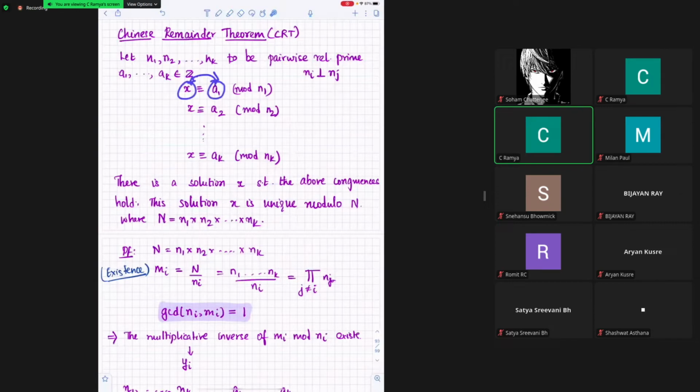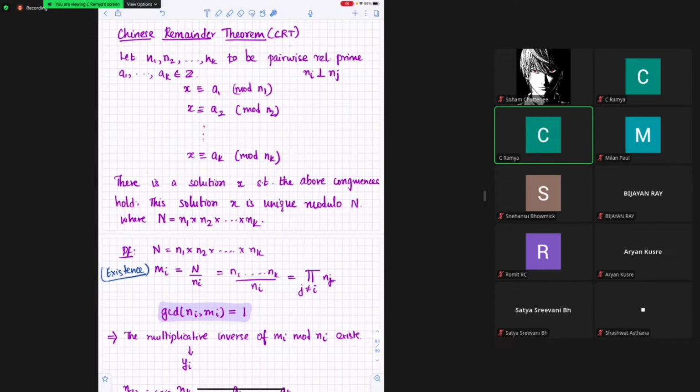So a is congruent to b mod n is the same as saying that b is congruent to a mod n. So now it tells us that if a1 is congruent to x mod n1 and a2 is congruent to x mod n2, then there is such an x. So there is a number that satisfies all the congruences and is unique modulo the capital N.